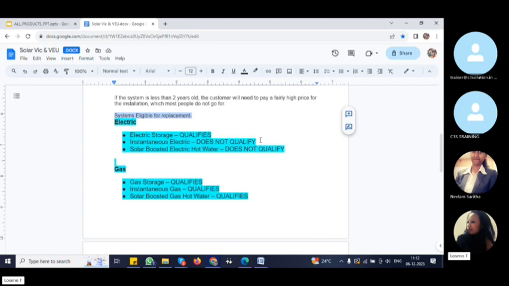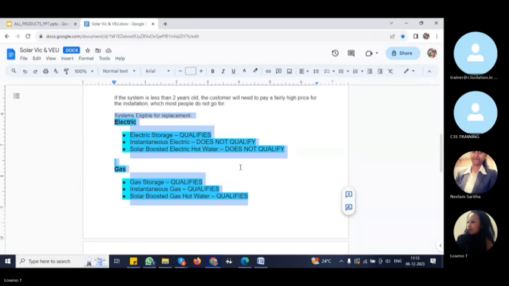Those are definitely the qualifying questions in order to qualify a customer for a solar VIC rebate or VEU rebate, right? But it's also important for us to understand what kind of systems can be considered as an eligible system for us to upgrade to heat pump.